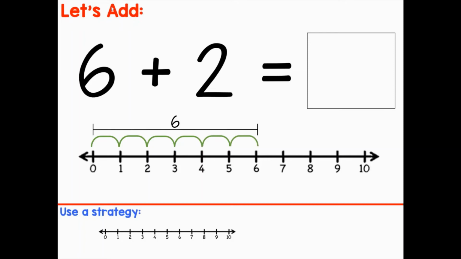Now am I looking at my second number? I'm going to have to make how many jumps this time? 2. You got it. 1, 2. 6 hops and 2 more hops landed me at what number on my number line? Yes, the number 8, because 6 plus 2 more equals 8.